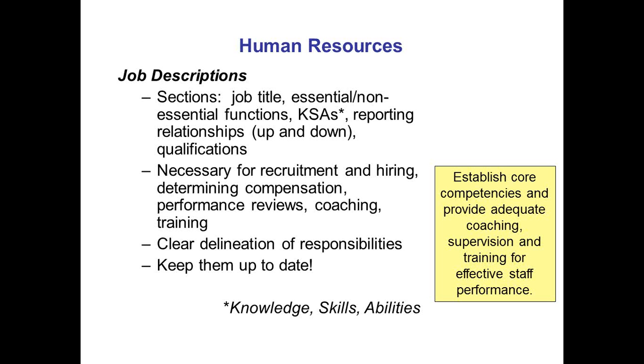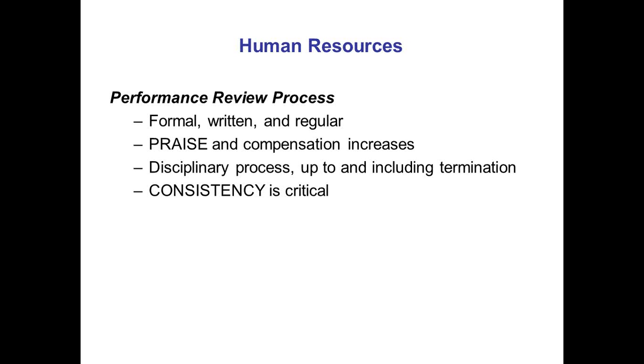There's a lot of emphasis on praise, not just catching people doing something wrong, but certainly catching them doing things right, and then building on that and tying compensation to performance against formal plans. Obviously, there have to be disciplinary processes that are very clear and documented, and then over and over the emphasis was being consistent. That would be a theme that we'd see in the test. Consistent application of these processes across the organization at all levels.